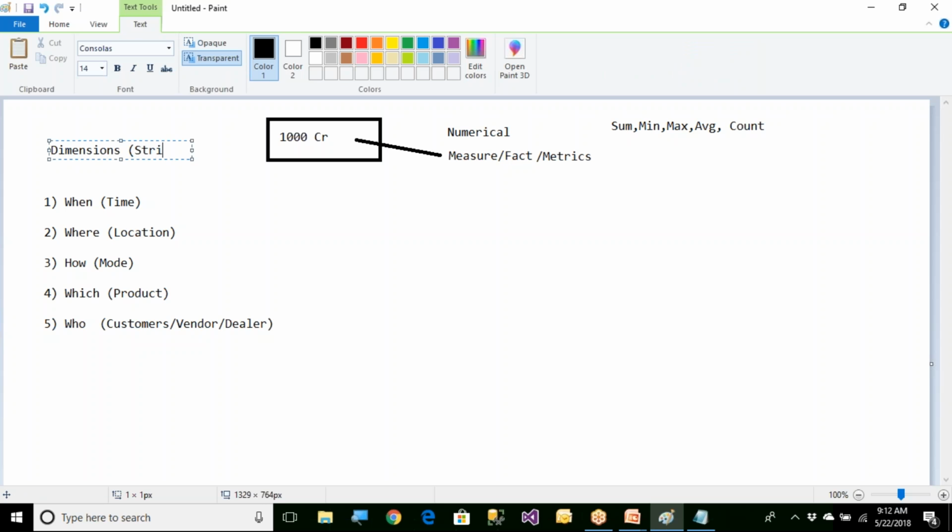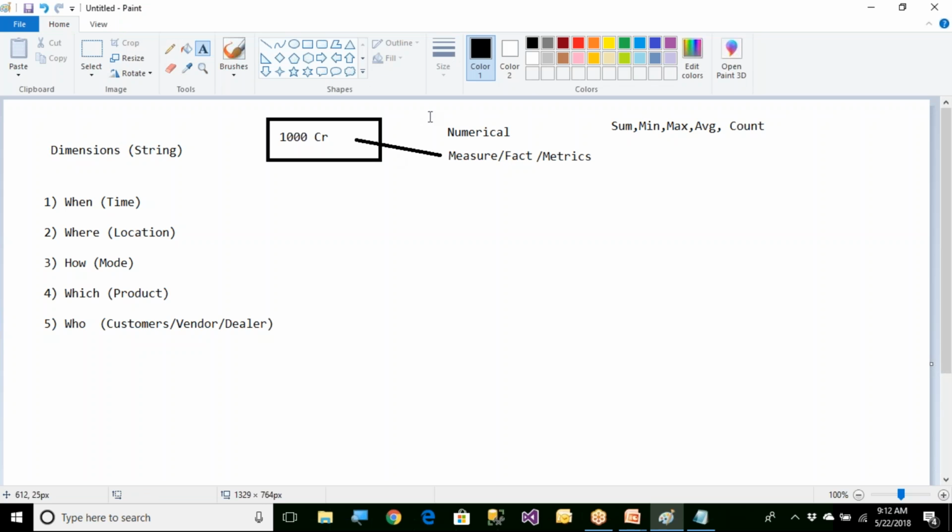Dimensions means here you will be able to store a lot of string data, and here we are storing a lot of numerical data. So at the end of the day, you have only two types of data in this world: string data and numerical data. All the string data will be separated as dimensions.